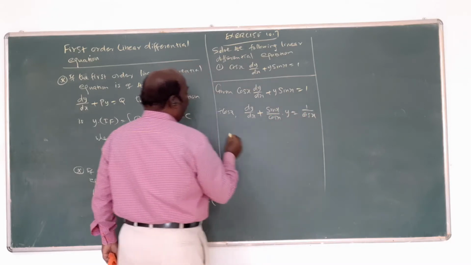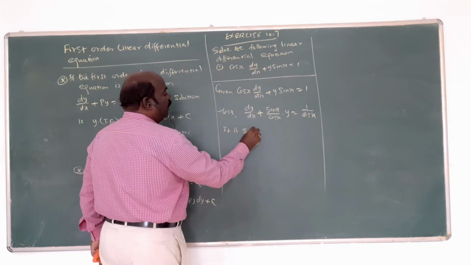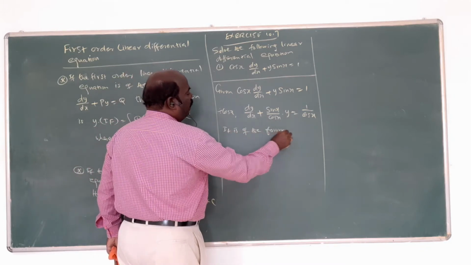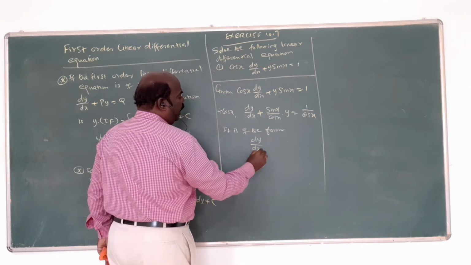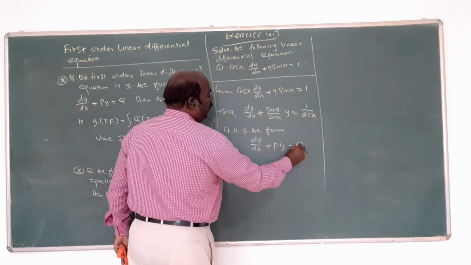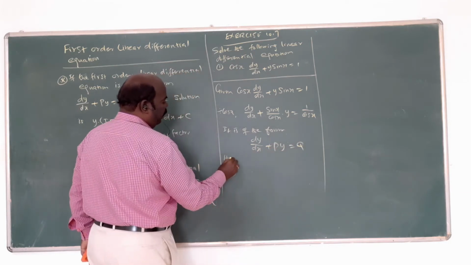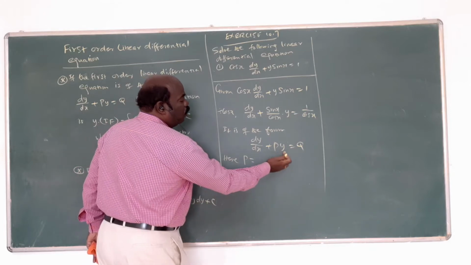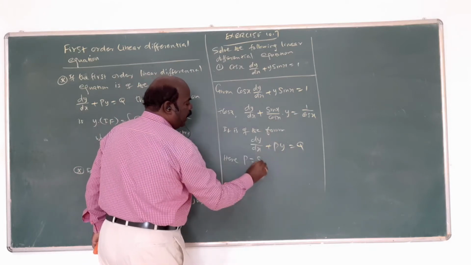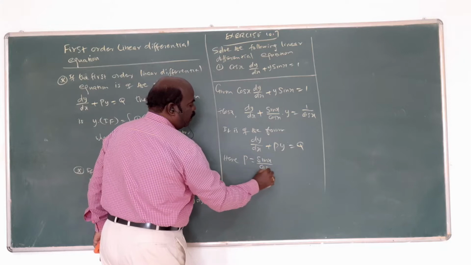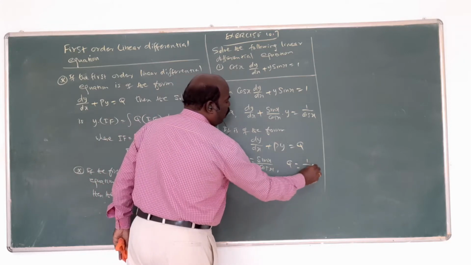Now it is of the form dy by dx plus P y equal to Q. Here P is sin x by cos x, and Q is 1 by cos x.